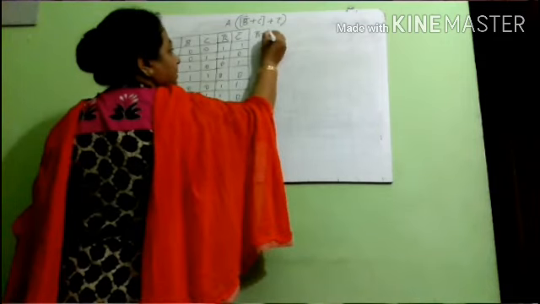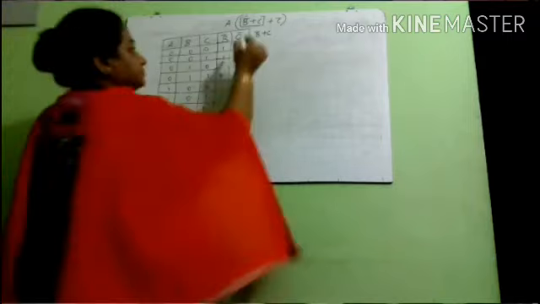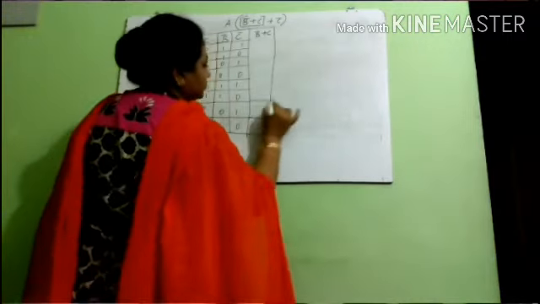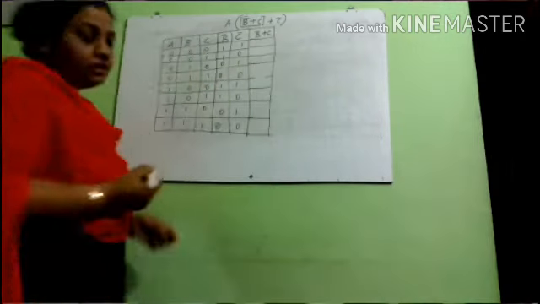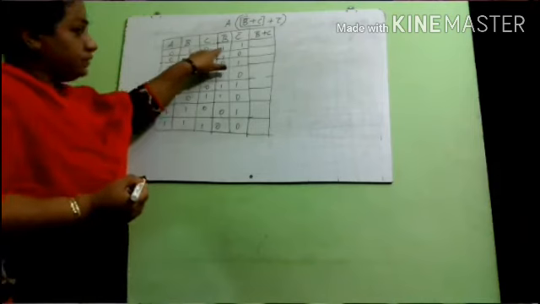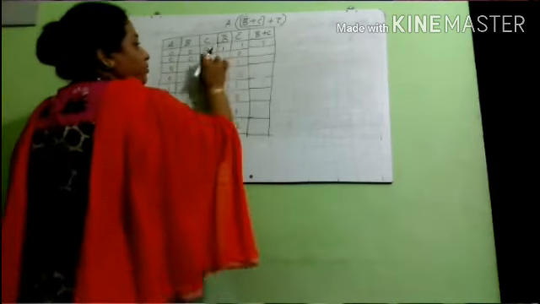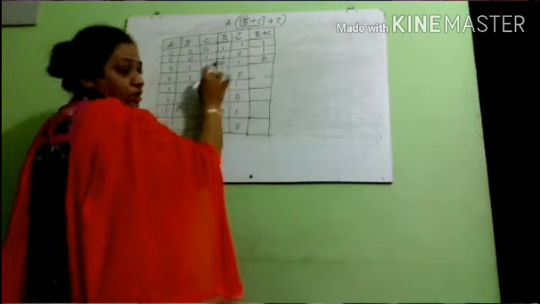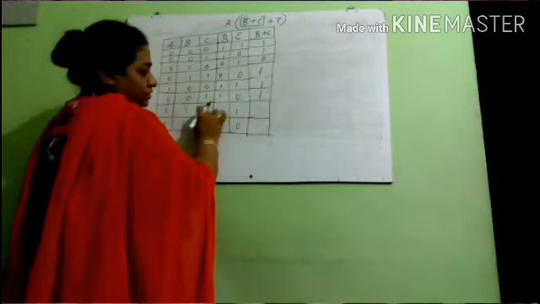The next step is we need to check if there are any complements in the Boolean expression. So here we have two complements, that is B bar and C bar. Let's write the complement of B and the complement of C. So B bar and C bar.